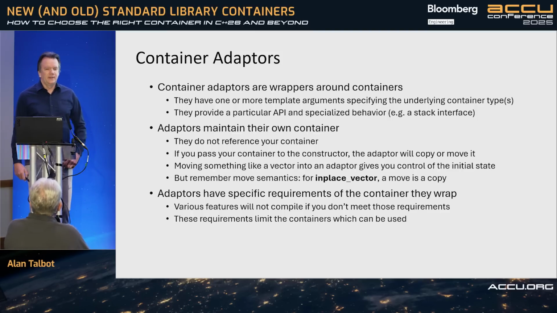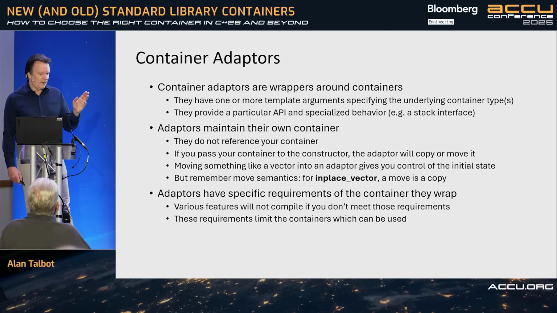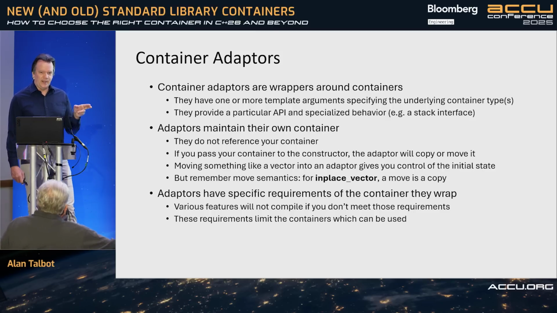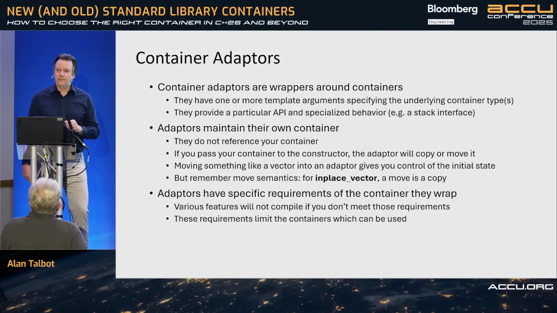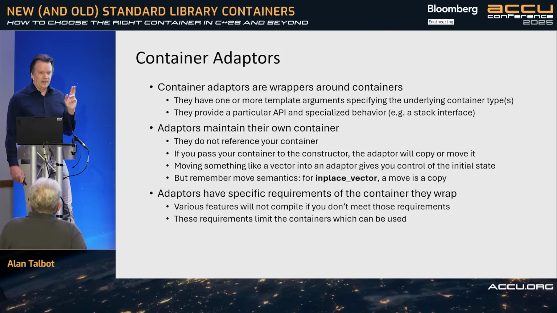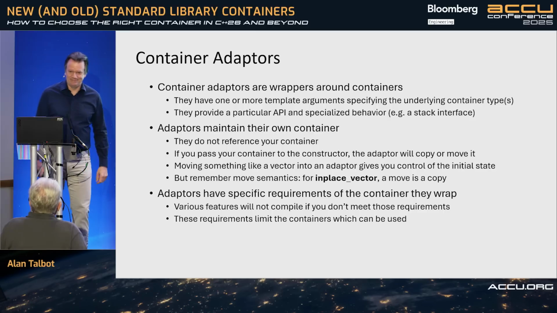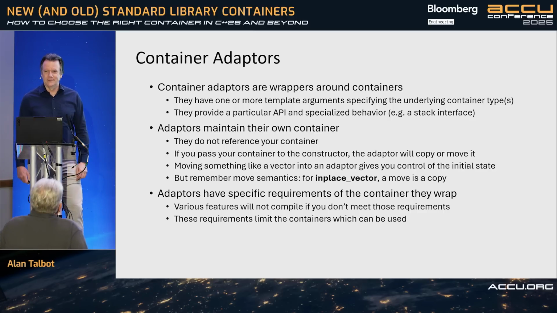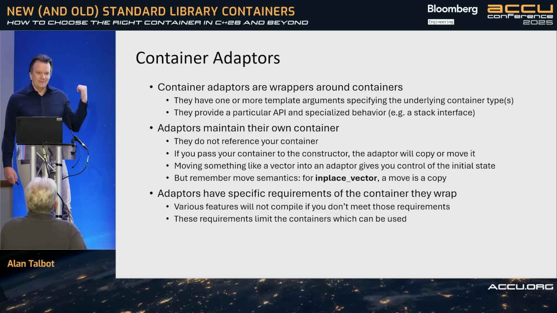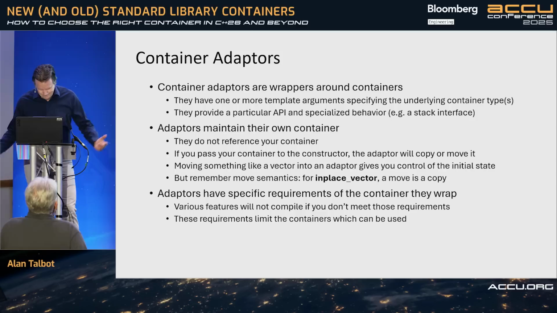If you have A, B, C, and you insert X at B, you're going to get A, B, X, C. Whereas for list, you're going to get A, X, B, C. Because it would have to go back to the beginning and it would be order n to insert otherwise.